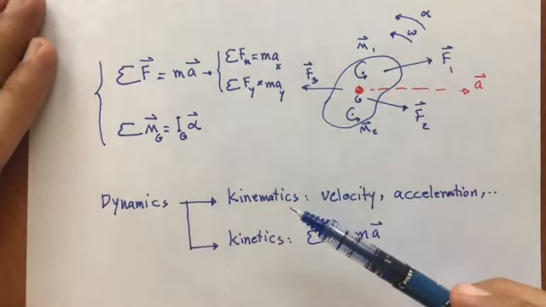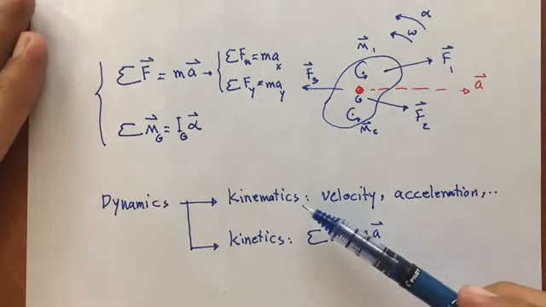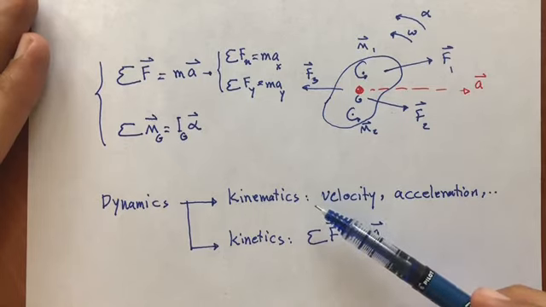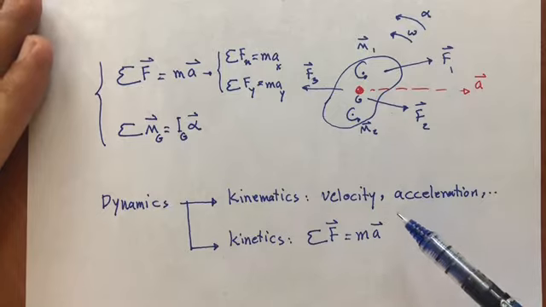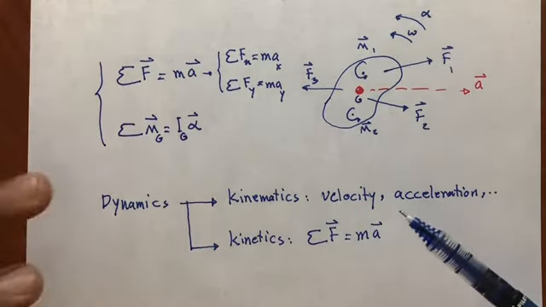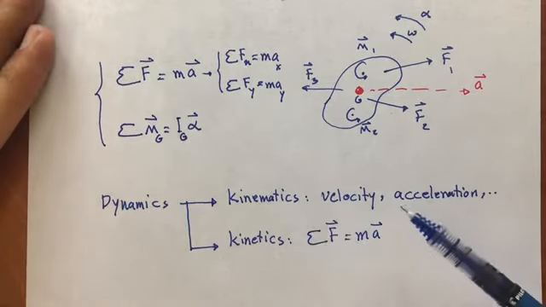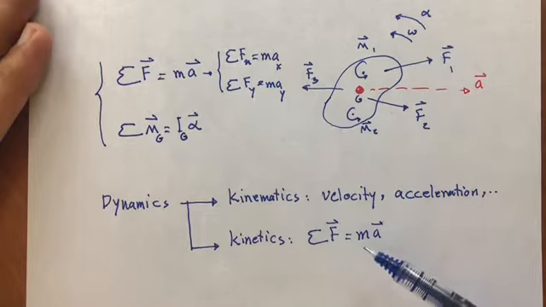In chapter 2, we talk about kinematics of point masses, just particles. So first of all, we are going to talk about only particles. What is the relationship between velocity and acceleration for a particle? That's called kinematics. Then in chapter 3, we are going to talk about dynamics or kinetics of particles.